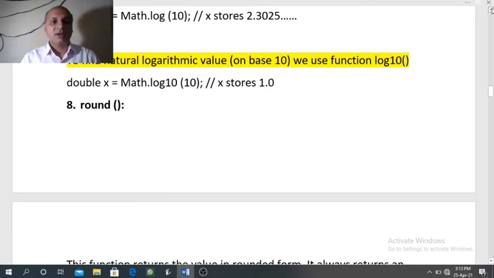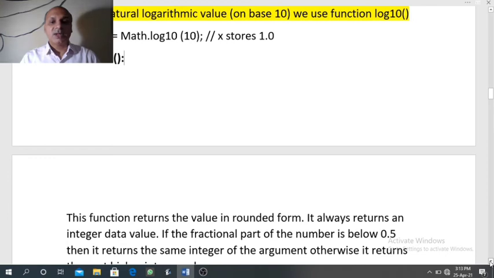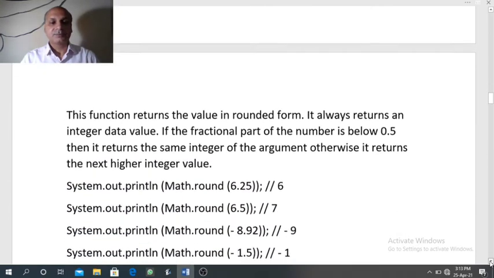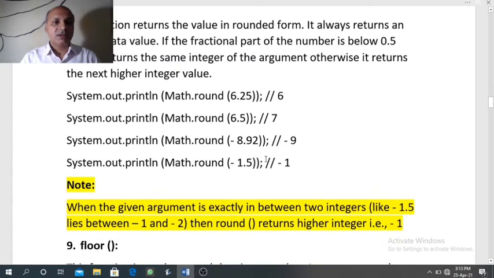But if the number after the decimal point is 0.5 or more than 0.5, then the answer becomes the next higher integer. So the same round off we will use here in the math.round function.